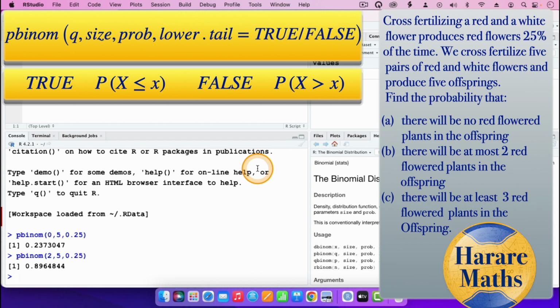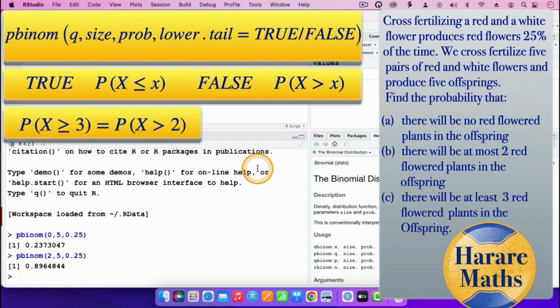For X greater than or equal to 3, with 5 trials, that means 3, 4, 5. We can write that as X greater than 2, and then specify that our lower tail is false. So the probability of X greater than 2 will give us the probability that X is greater than or equal to 3.